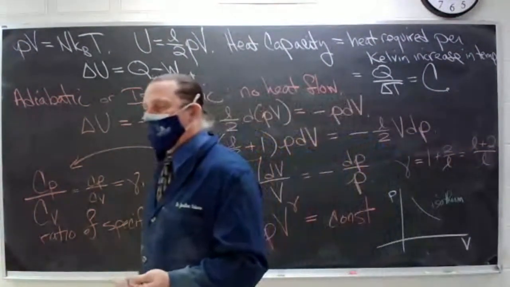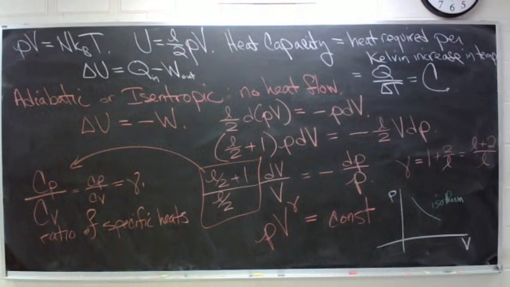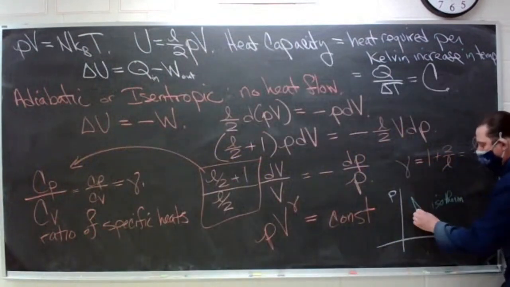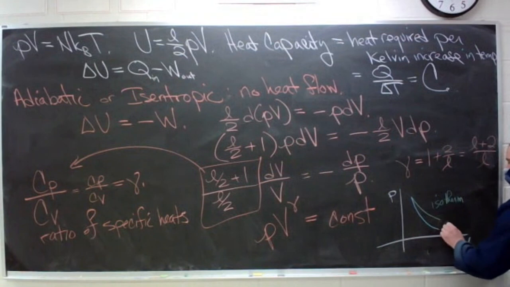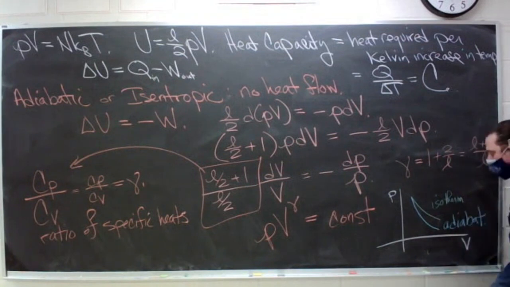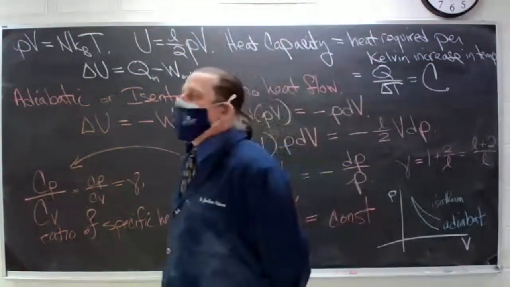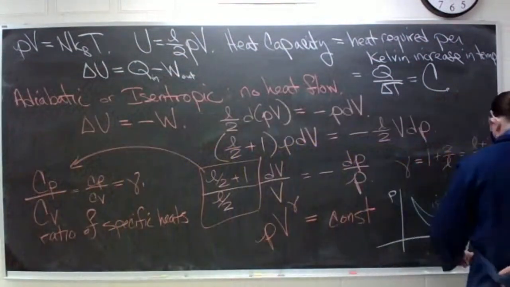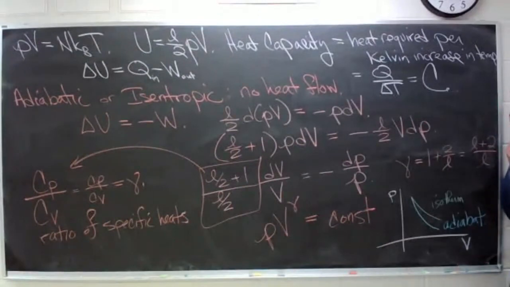My adiabat is going to be P equals constant divided by a power of V greater than 1. So an adiabatic process will work like that. All right?